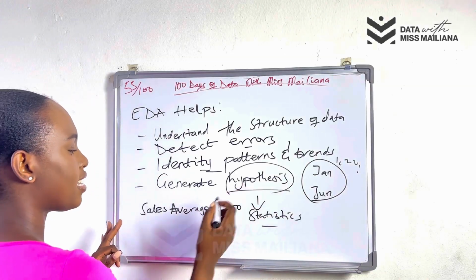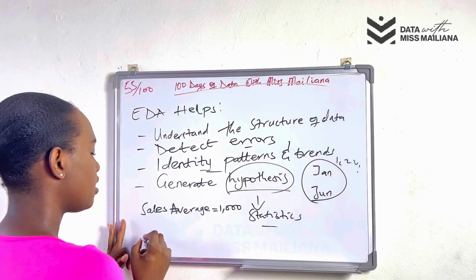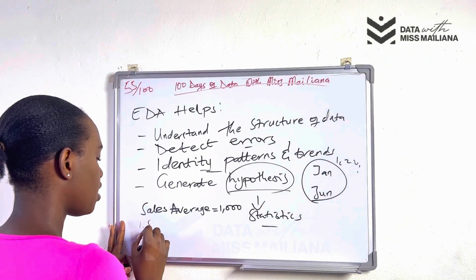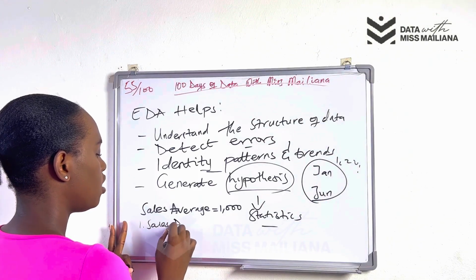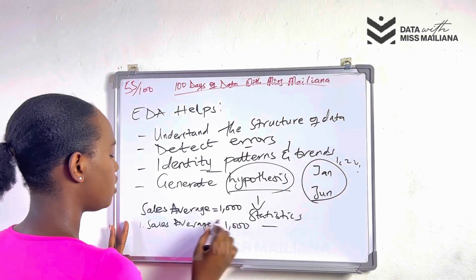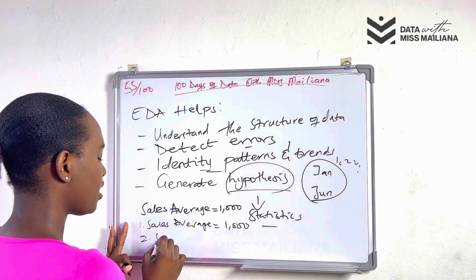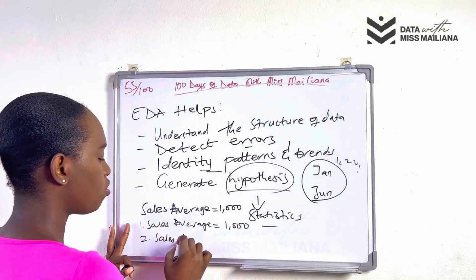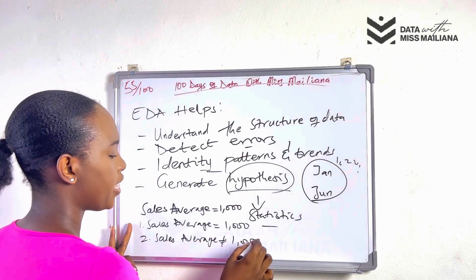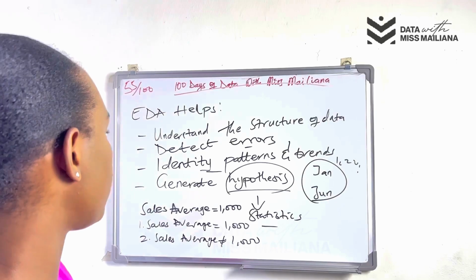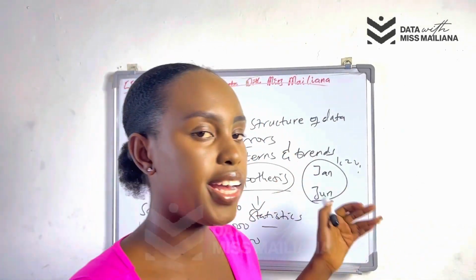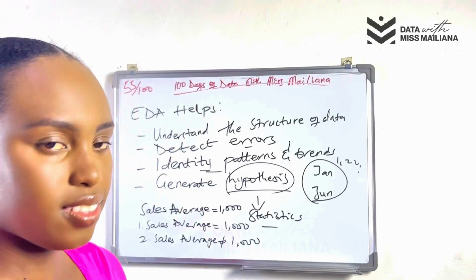So you set a hypothesis that, okay, hypothesis one is that sales average is mostly equal to 1,000, and hypothesis two is that sales average may not be equal to 1,000, right? So when you did the trends, you realized that the average of sales from January to June is mostly around 1,000 something.